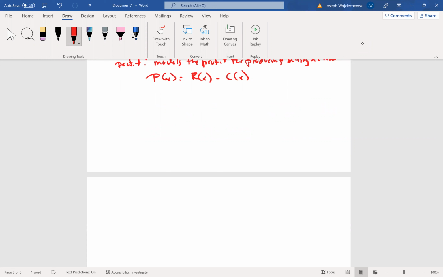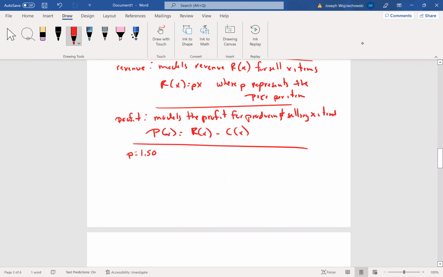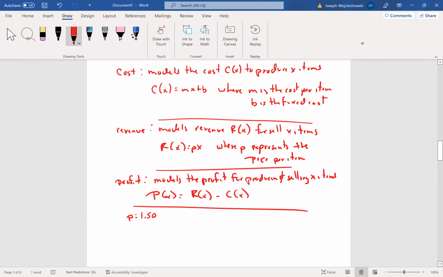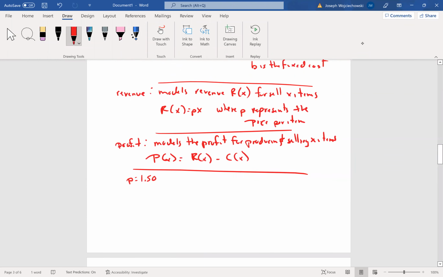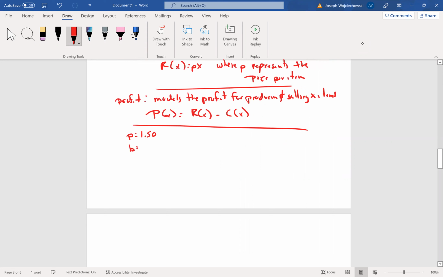At a summer art show, a vendor sells lemonade for $1.50 per cup. So P is $1.50. The cost to rent the booth is $120. This is the startup cost, so B is $120.